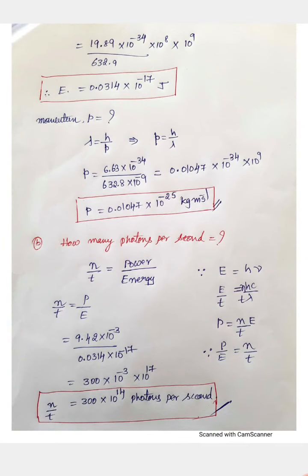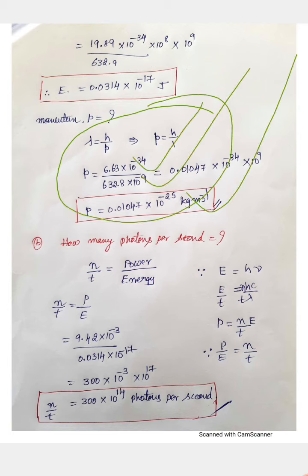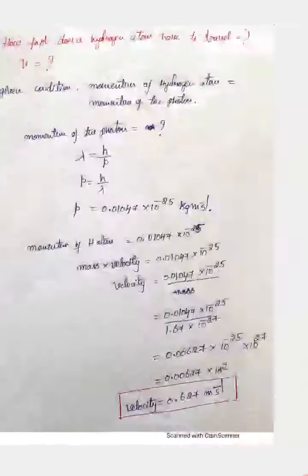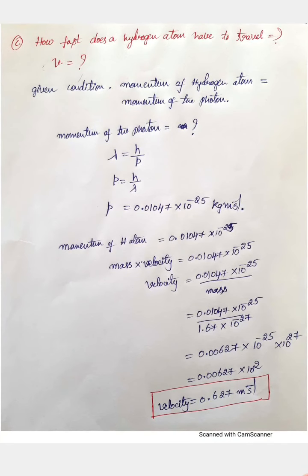Yes, already we have calculated this one, substituted the h value, substituted the lambda value, and we got momentum is equal to 0.01047 into 10 to the power minus 25. We are using this value in the C. Now here p is equal to the same value, 0.01047 into 10 to the power minus 25 kg meter per second.